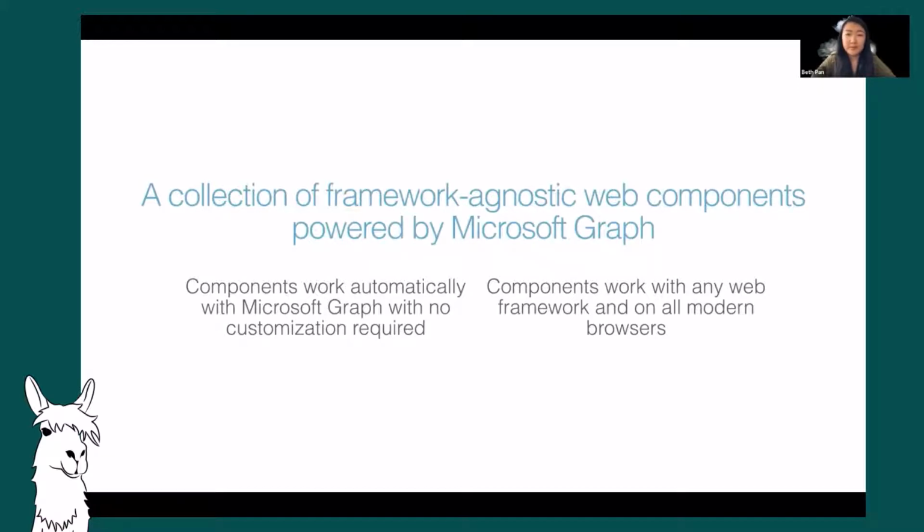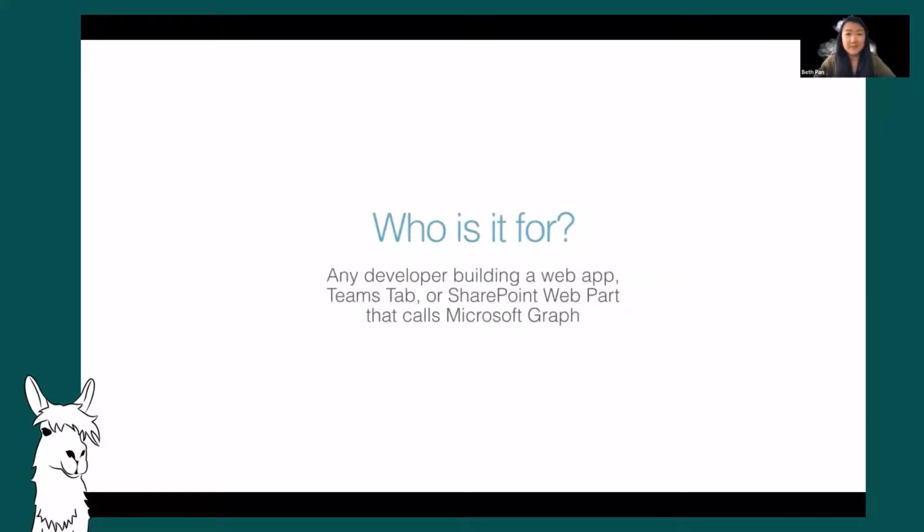It also works with any web framework and on most of the modern browsers. We've been trying to solve a lot of IE11 bugs recently. Who's it for? It is for any developer building web apps, Teams tabs, or SharePoint web parts that call the Graph.